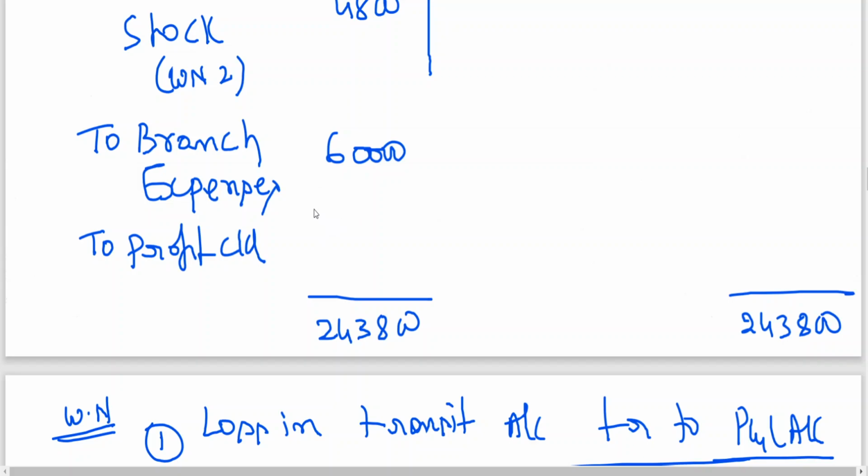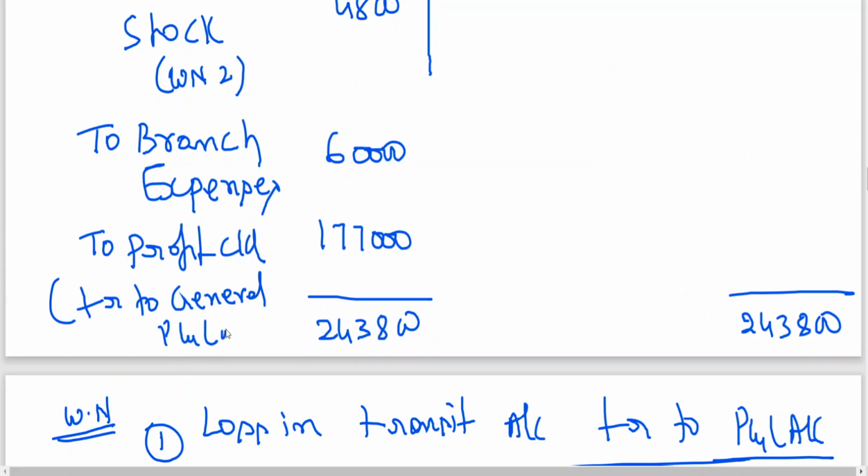Profit carried on, 1,77,000, transfer to general P&L account, because we are having so many branches now. All branches' profit is consolidated at one place, then you can close the account.